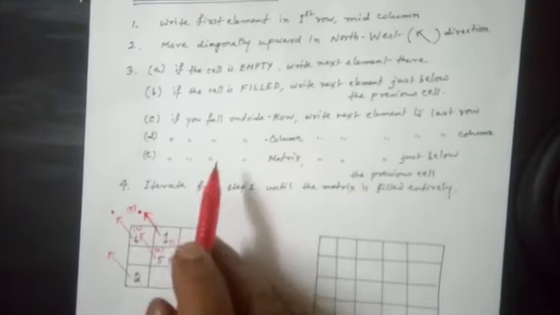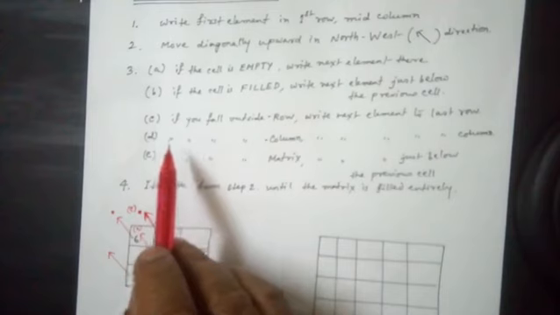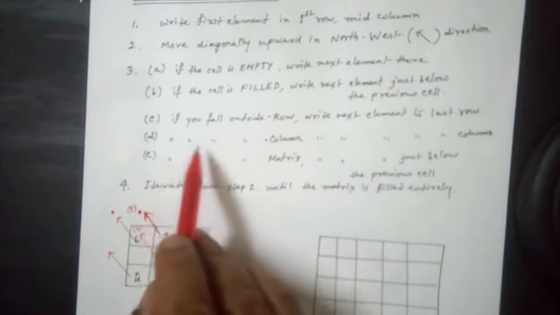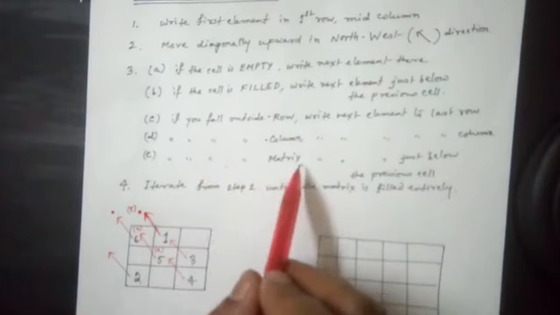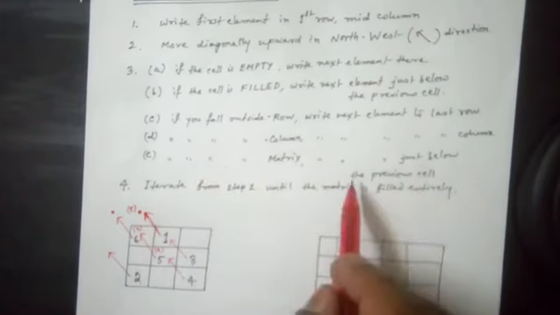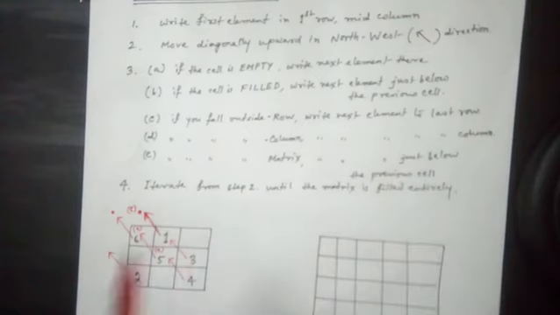Now see, is condition D satisfied? No, because we are falling outside the column as well as outside the row, that is we are falling outside the matrix. If you fall outside the matrix, then write the next element just below the previous cell. Which one is the previous cell? This one, 6. So you have to write just below 6. So here I am writing 7.